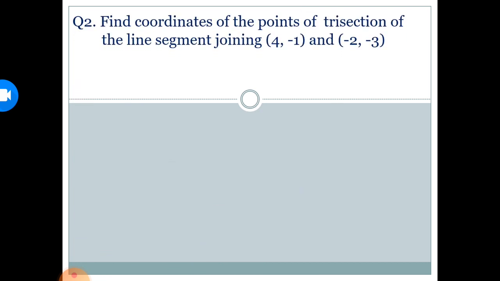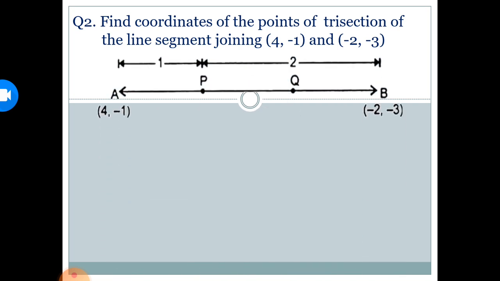Now children, we see another question. Find the coordinates of the points of trisection of the line segment joining (4, -1) and (-2, -3). What is the meaning of trisection of the line segment? Tri means 3, sect means divide. That means trisection means the line is divided into 3 equal parts. Here you can see the line segment AB, which is divided into 3 equal parts by taking 2 points P and Q on it.